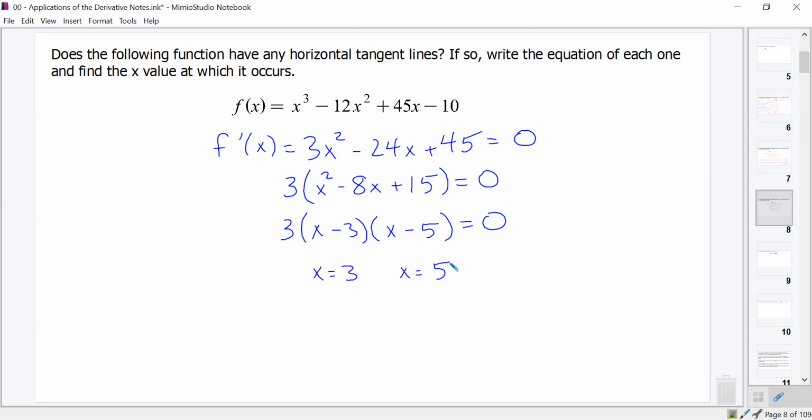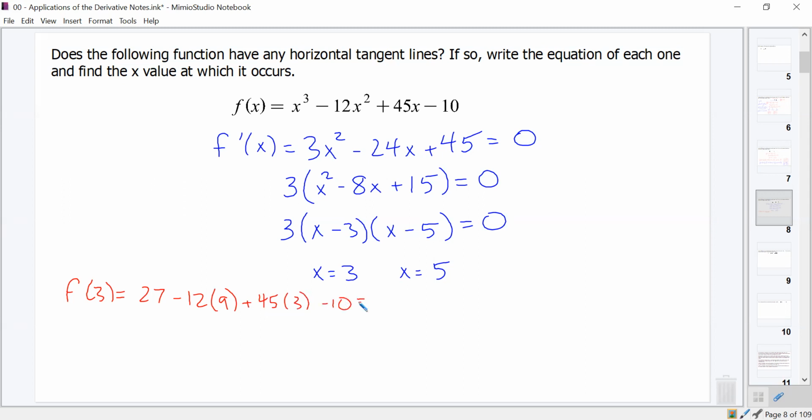From there, again, we're just going to take each of those values and plug them into our function. So f of 3 is 3 cubed, which is 27, minus 12 times 3 squared, which is 12 times 9, plus 45 times 3, minus 10.